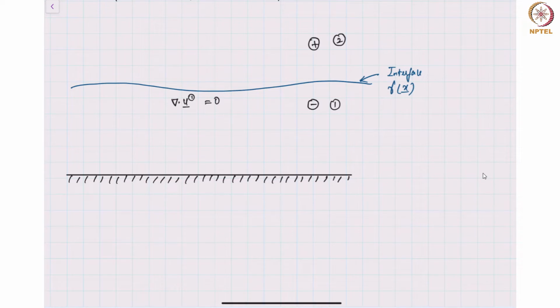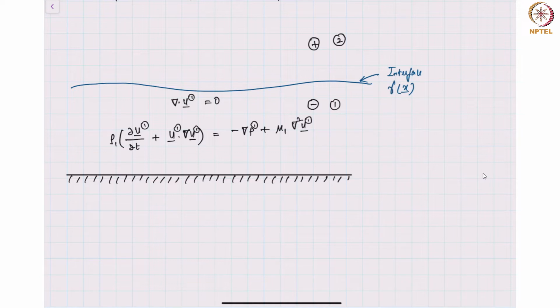And we have the Navier-Stokes equation for the momentum equation, that is rho 1 times du by dt plus the convective term, the pressure term, and the viscous term. So here the viscosity is mu 1 and there is a density rho 1. And the velocities are all for fluid 1, so we'll put a superscript 1. And this pressure is also for fluid 1.